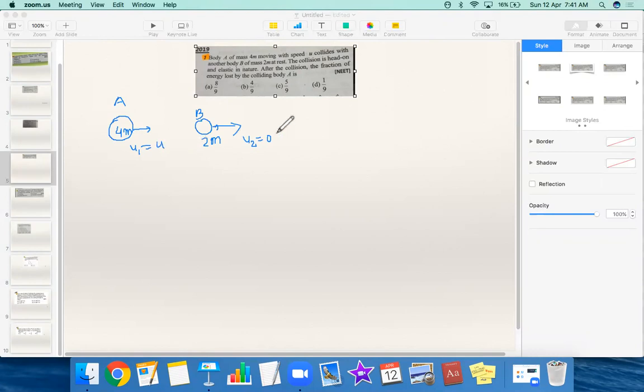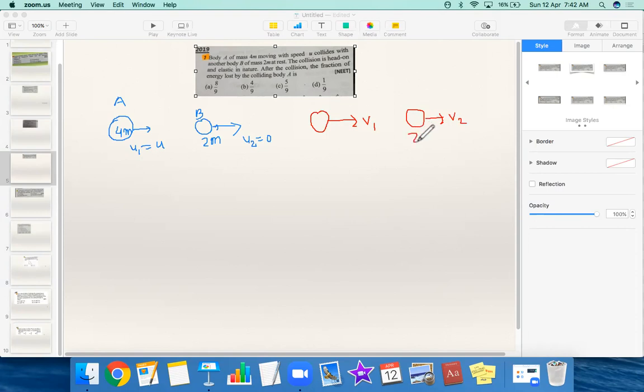Okay, so after collision, if this is the scenario after collision, let me make it, this is after collision, the red one is after collision. Suppose this is v1, and this is v2.